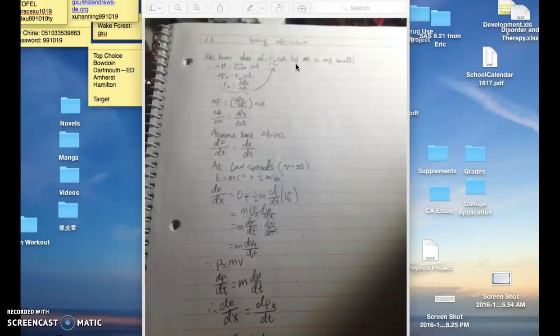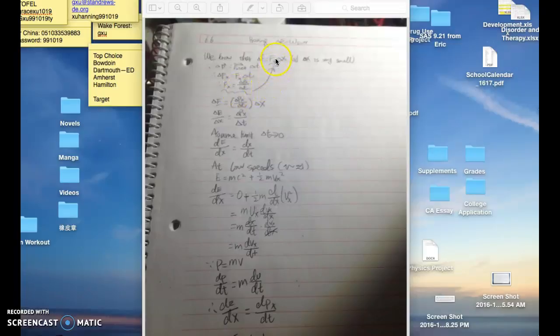And according to the momentum principle, which is delta p is equal to F net times delta t, I just changed it up a little bit so it's only the x component, and you eventually get that Fx is equal to delta px over delta t.